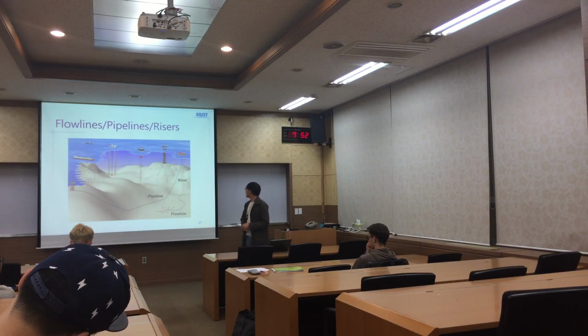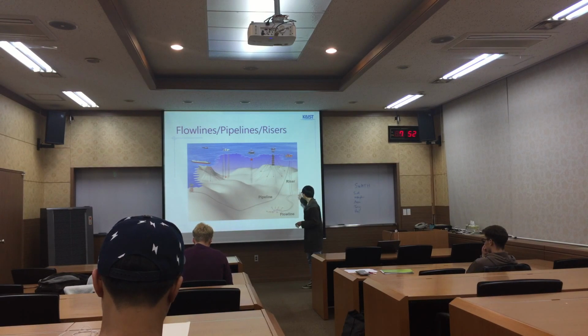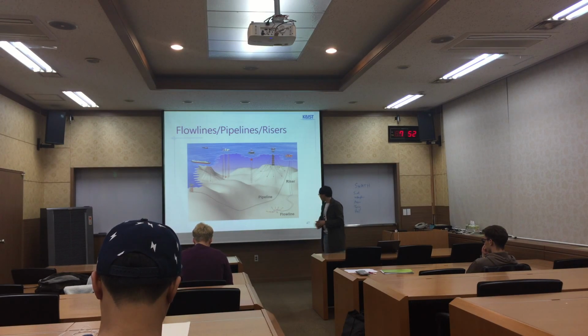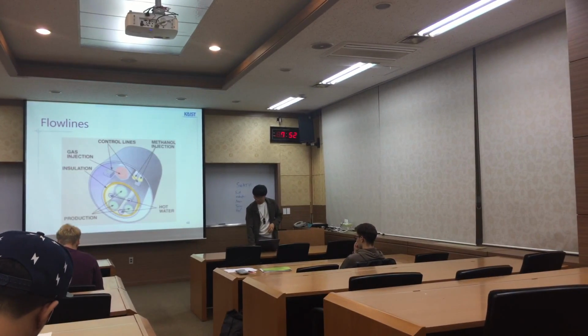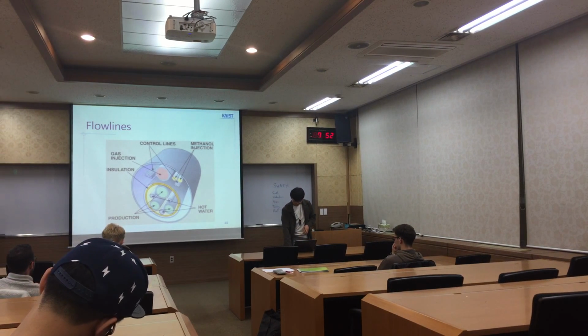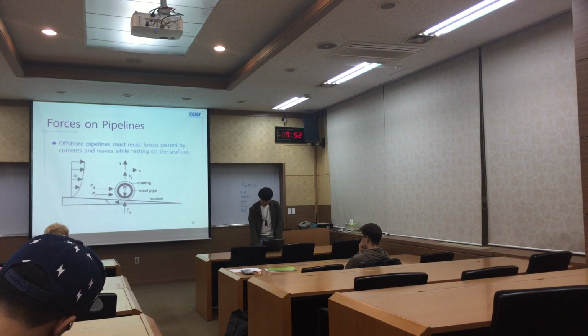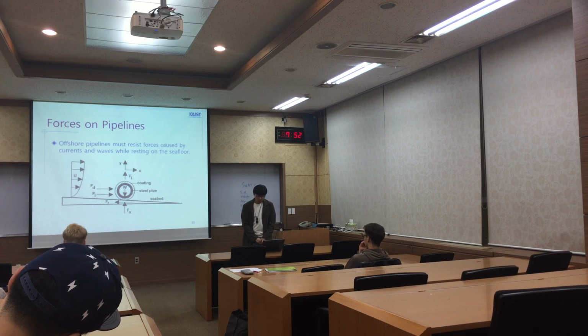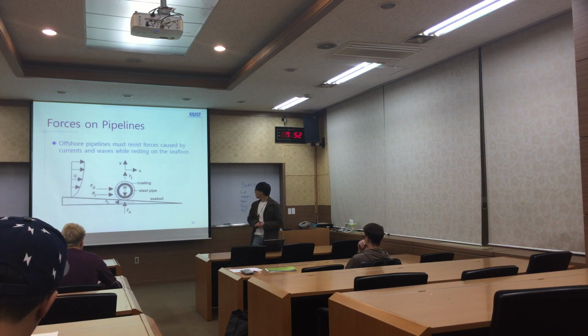So this is a picture of this. The long one is a pipeline, and this short one is a flow line. And also here is some midship section of flow lines. This is a real picture of a pipeline. Also, we should consider the forces when pipelines are in the water. So forces by wave and current should be expected.